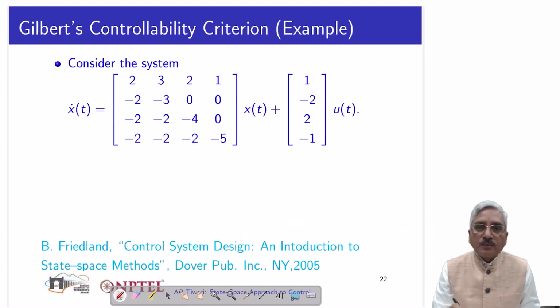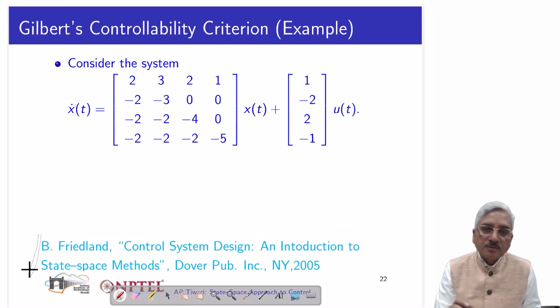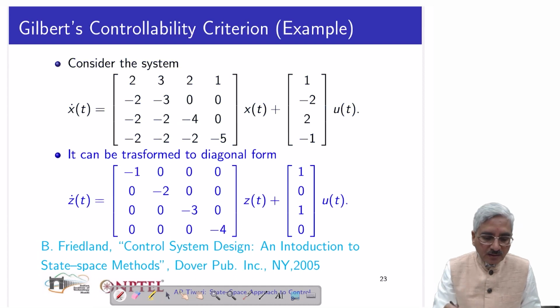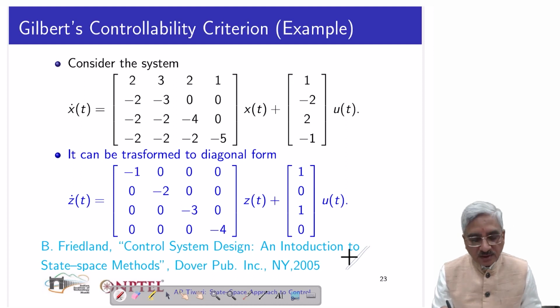We look at one example. This example is taken from Friedland's book. This is the way it is given, in which you see the A matrix is a full matrix like this, only a few entries are 0, and the B matrix is like this. Now, for seeing the transformation, I suggest you look into the book, in the chapter on controllability and observability.